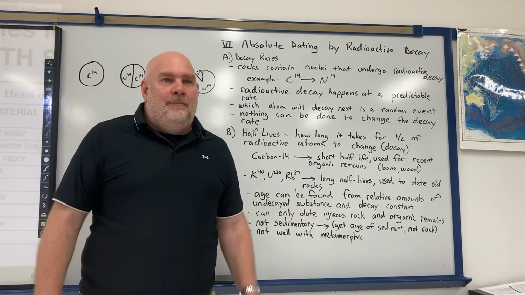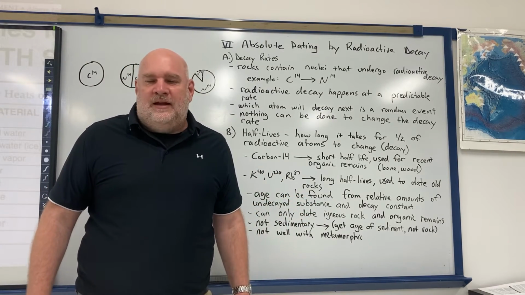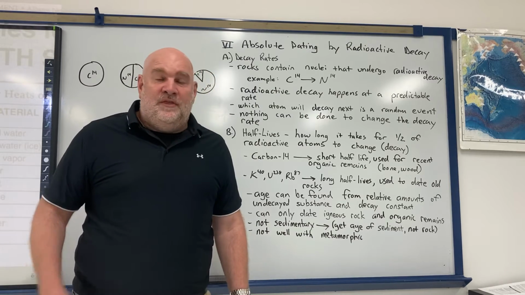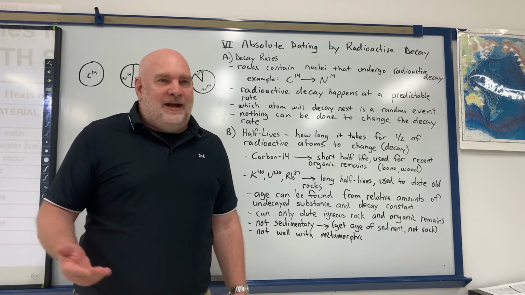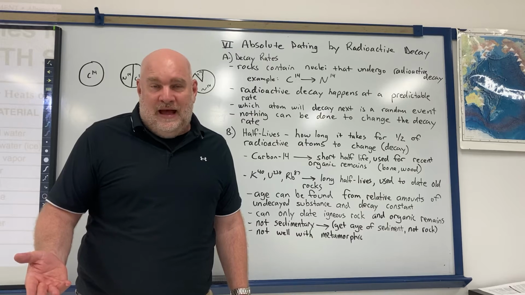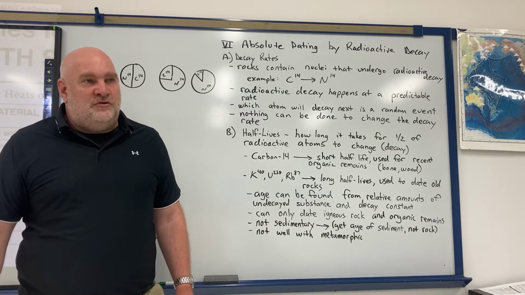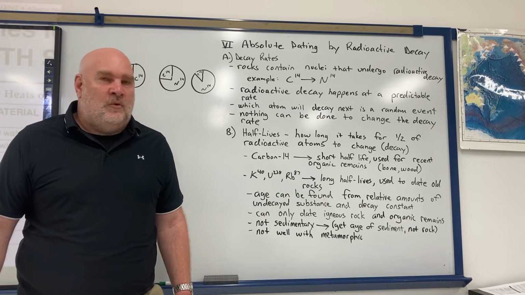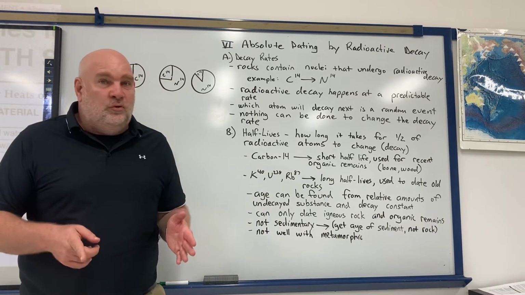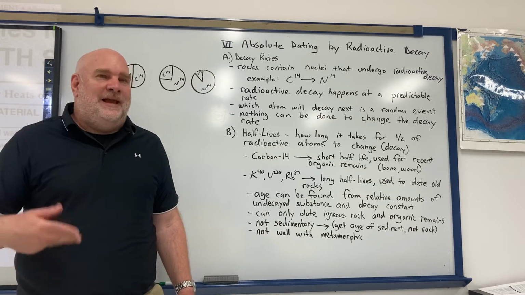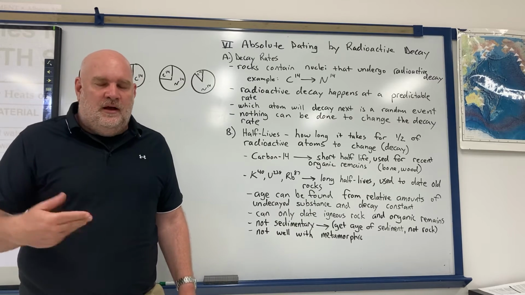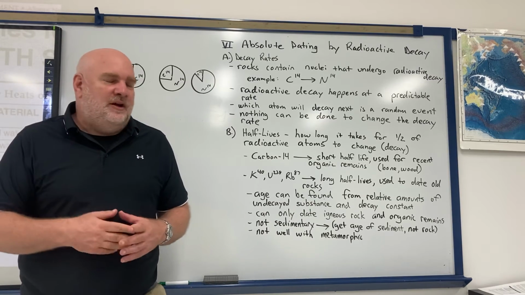But if I'm going to try to measure the width of a school desk, I'm not going to use the odometer in a car to do that. Nor if I'm trying to measure the distance between Syracuse and Rochester, I'm not going to use a ruler. So I have to pick the right tool based on the approximate thing I'm trying to measure.